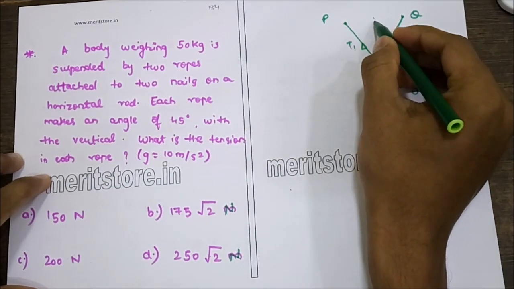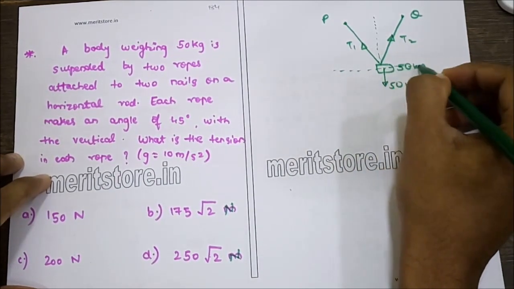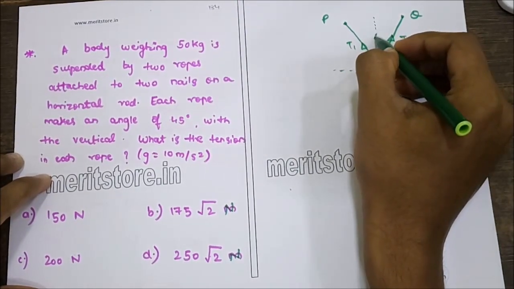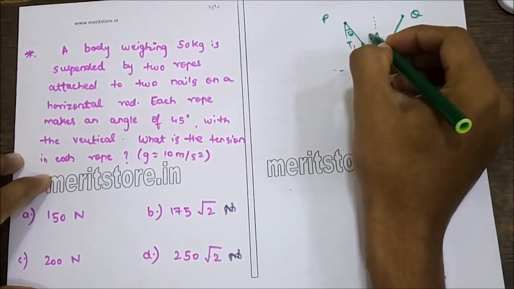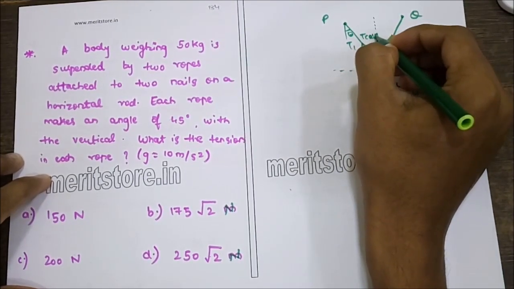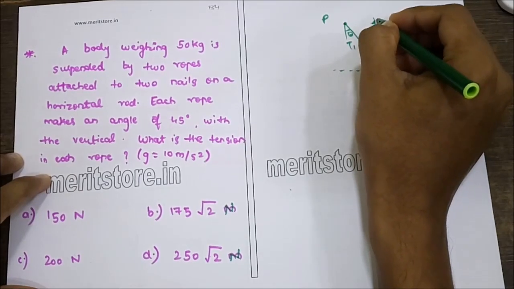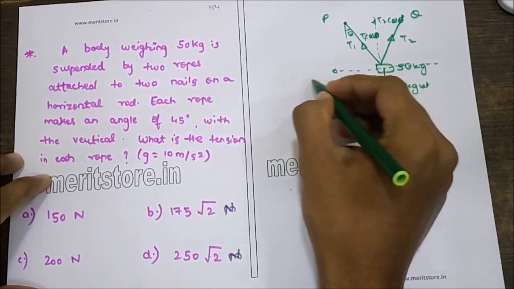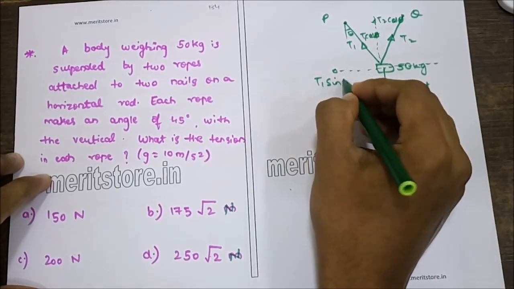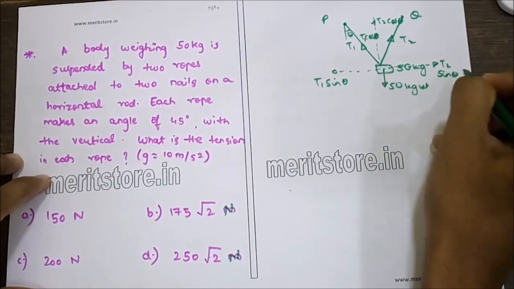Let T1 and T2 be resolved into vertical and horizontal components. Since each makes theta with the vertical, the vertical components are T1 cos theta and T2 cos theta, and along the horizontal, T1 sin theta and T2 sin theta.